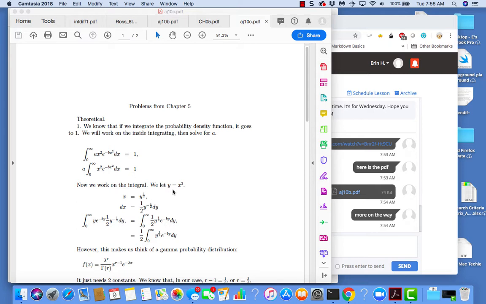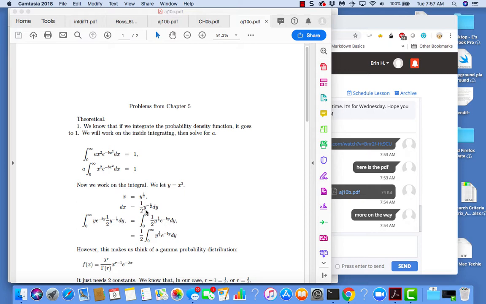I'm going to let y is equal to x squared. Then x is equal to y to the 1/2. I just took the square root of both sides. But I'm also going to need an expression for dx, because I'm going to change dx to dy. So if I take dx, then I'll take the derivative on the right-hand side with respect to y.